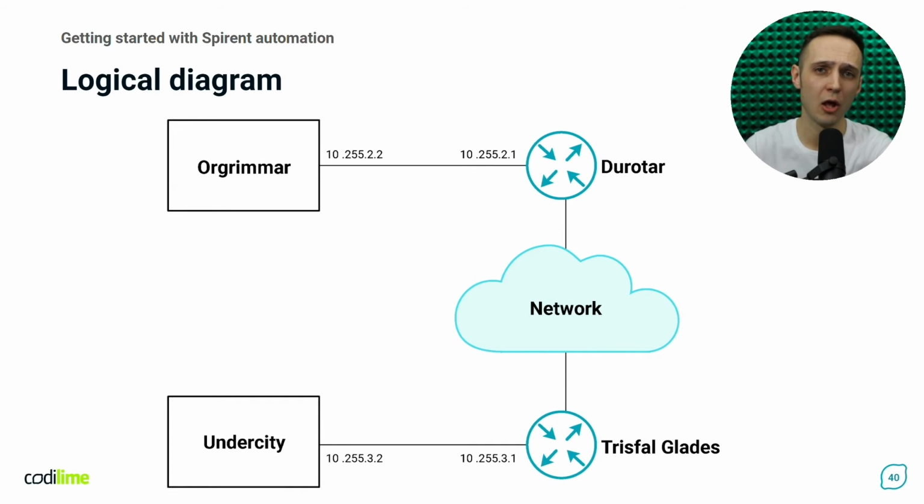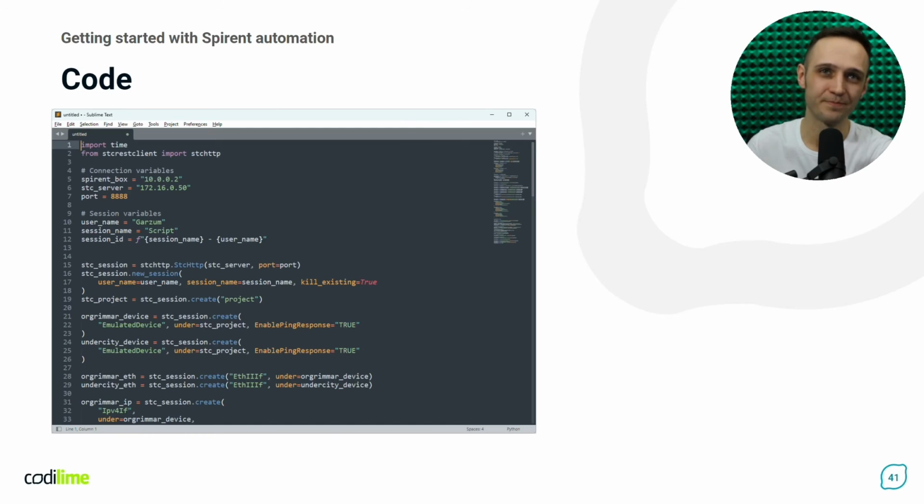Looking at the logical diagram, we've got the Orgrimmar network device placed in the same /24 subnet as the Durota router, and the Undercity and Trisfol Glades are also placed in a /24 network. So what we want to achieve today is to send traffic from the Orgrimmar to the Undercity in one direction. So let's go to the code.